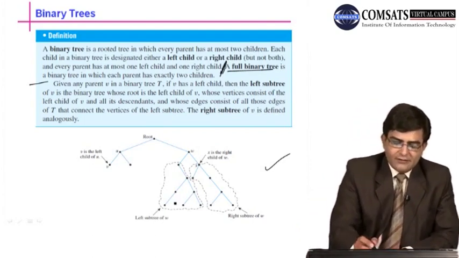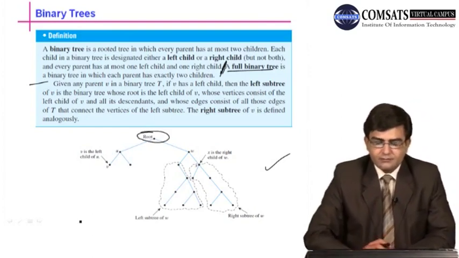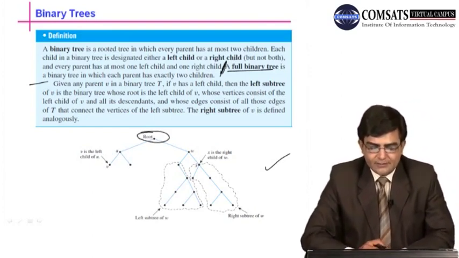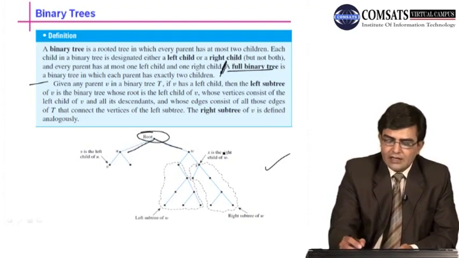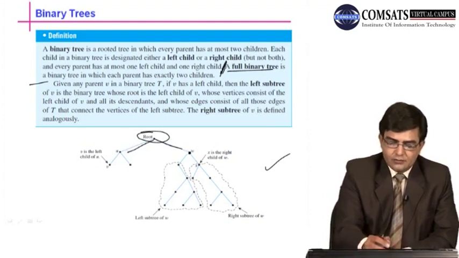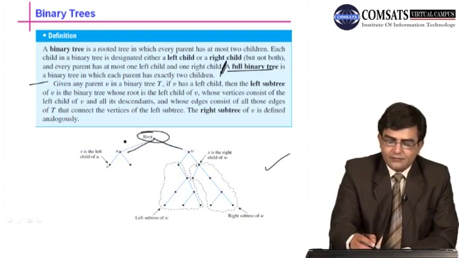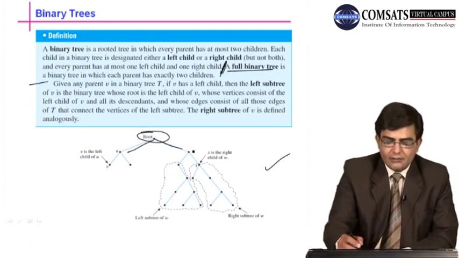So for example, if we have this binary tree whose root is this, it has 2 children, u and w. u is the left child of this root and w is the right child.